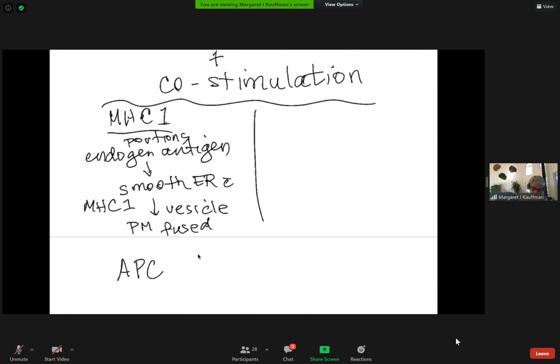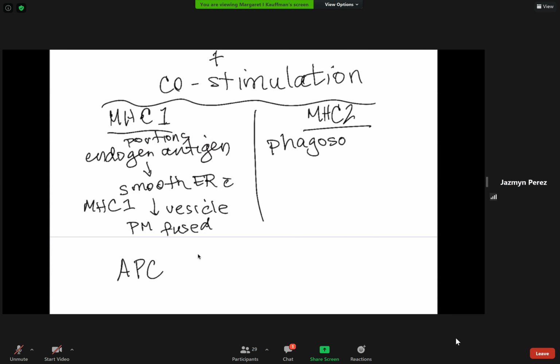How about the MHC2? For phagocytosis, I'm assuming it would engulf the bacteria. It would take it apart from its phagosome, join into a lysosome, and break it up, which would lead to some of the antigens being placed in a vesicle, which then fuses with the vesicle with MHC2, and the antigenic peptide would be loaded on.